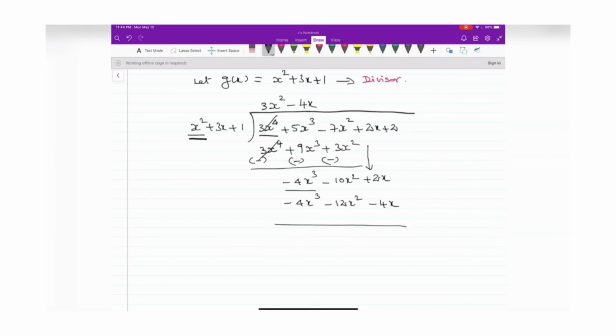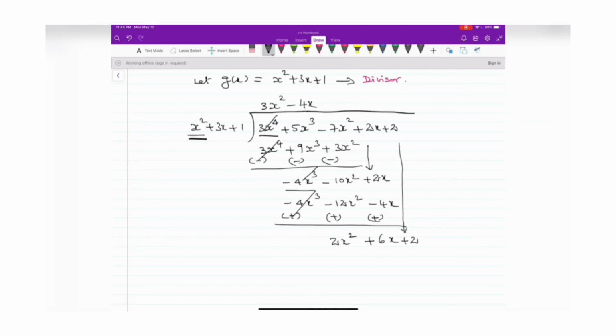Now the sign will change over here. Minus 4x cube plus 4x cube will get cancelled. Minus 10x square plus 12x square will give 2x square. Then 2x plus 4x will give plus 6x. Now my job is to bring down this plus 2.